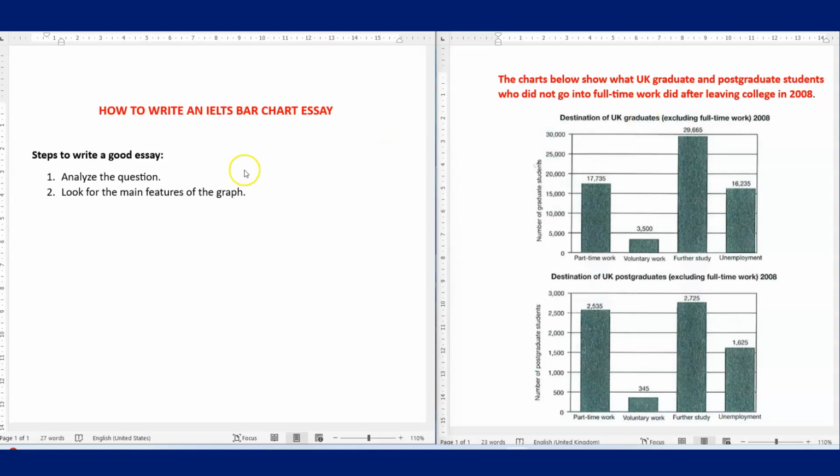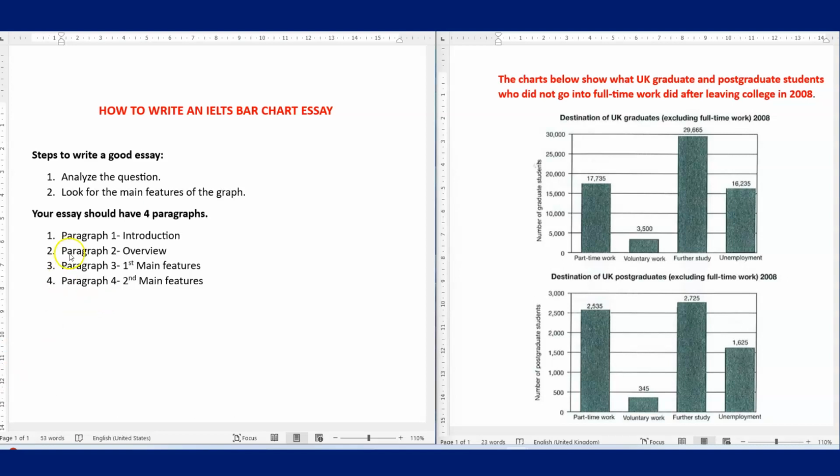But before I start with that, you have to understand that before you write any kind of essay, your essay must be in 4 paragraphs, okay? The first paragraph of your essay should be the introduction. That is where you will tell your audience what the whole graph is about.